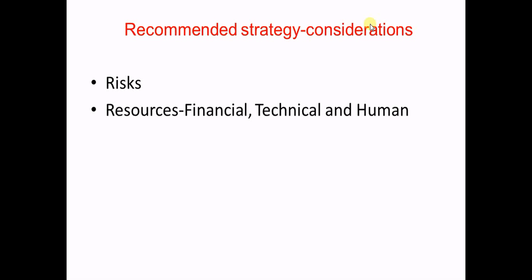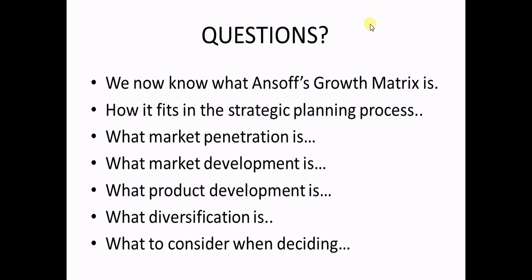Other considerations may include financial resources, technical and human resources that we need as an organization to pursue any chosen strategy. There is no one preferred strategy because what strategy you pursue depends on the risk appetite for an organization.